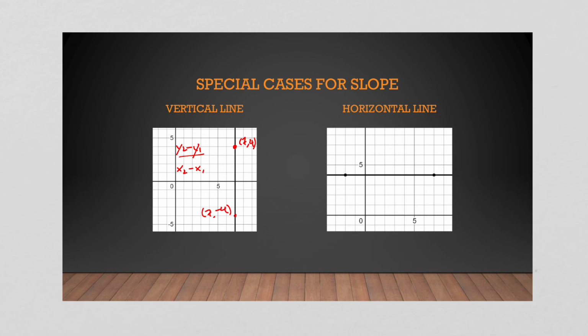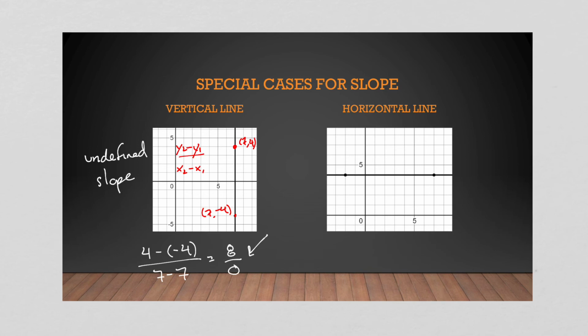So if we threw that into the equation, we would get 4 minus -4 over 7 minus 7. And all of a sudden we get 8 over 0. And that's no good. We cannot divide by 0. So a vertical line has what we call an undefined slope because we can't divide by 0.